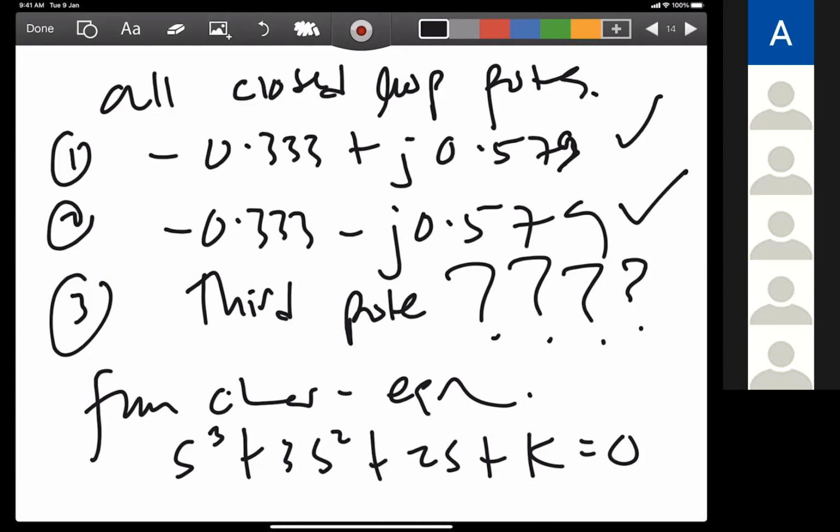Division of what? By using the negative 0.333, divide the characteristic equation. By using the first two poles.